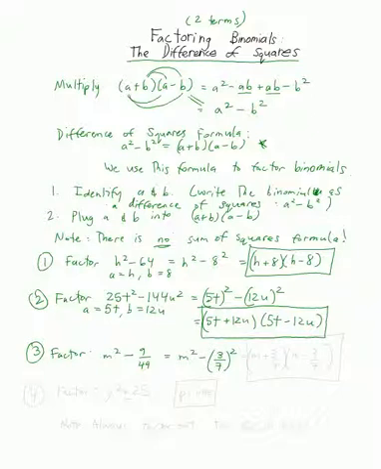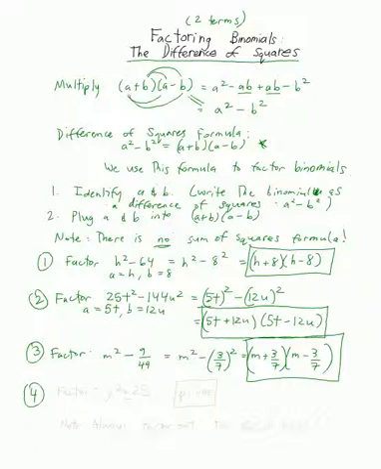So it is in fact a difference of squares, isn't it? Since 3 squared is 9, 7 squared is 49. I end up with (m + 3/7) times (m - 3/7). And that is my answer. So you can see that these are quite quick once you get used to using the formula.